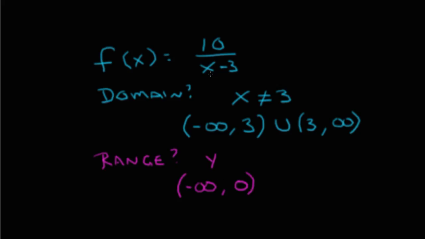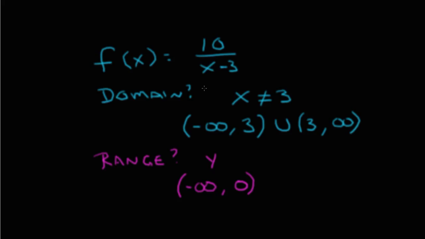Say x is, I don't know, x is positive 2.99999. Then you'd get 10 divided by a negative 0.0001 or something to that effect. So you'd basically get a very large negative number.